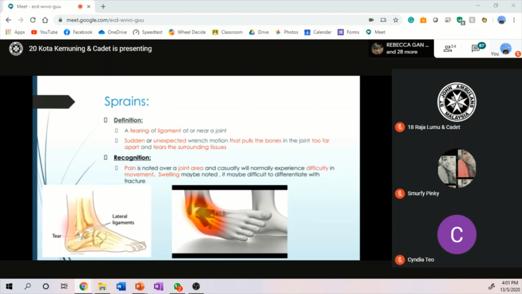It is very hard to differentiate from a fracture, because a fracture also will swell. So it is quite hard to differentiate between sprain and fracture.